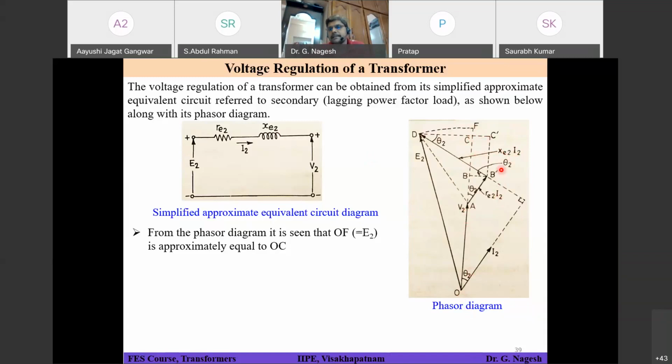You are understanding, right? Angle theta 2 is known to you, so consider this as one triangle, and this is one more right angle triangle. Find out the value of OC from the phasor diagram in terms of V2, I2 RE2 and I2 XE2.